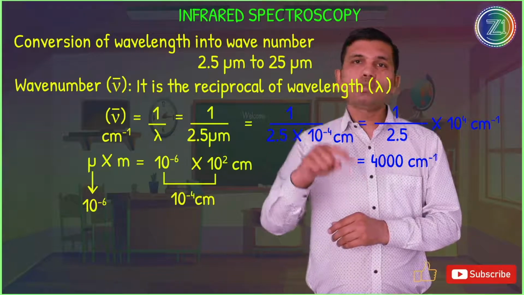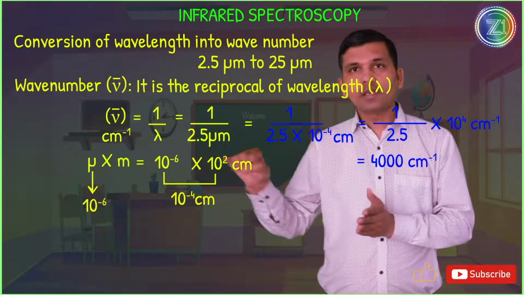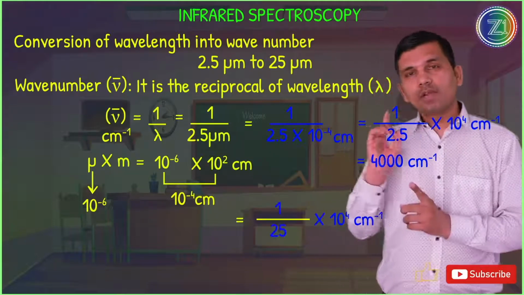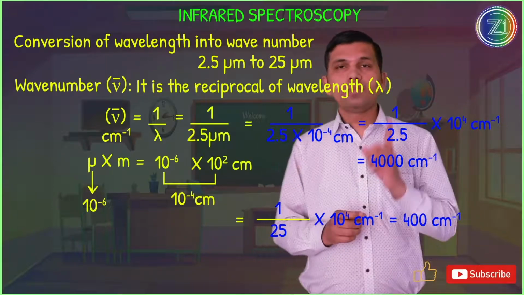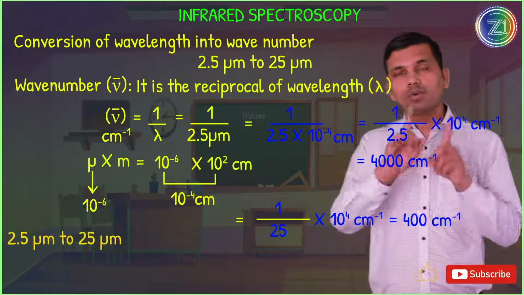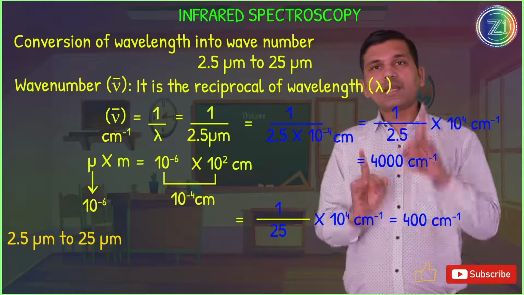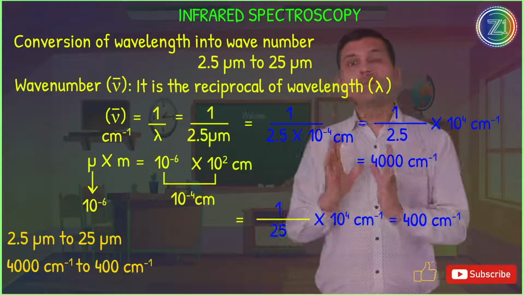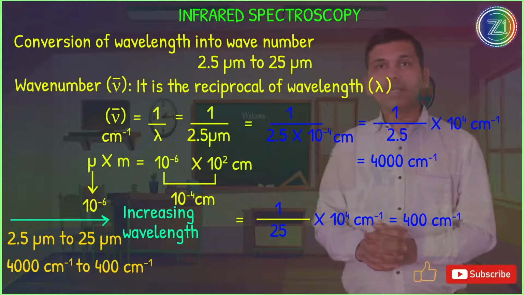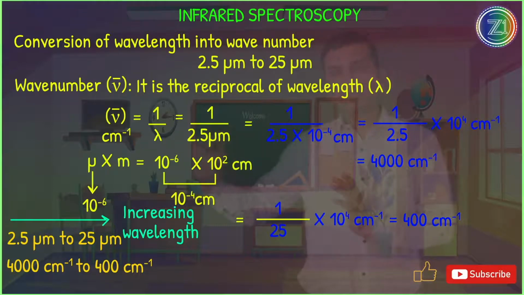And if I put 25 micrometer here, the value I receive is 400 centimeter inverse. So if I represent the region 2.5 micrometer to 25 micrometer, we can write it as 4000 centimeter inverse to 400 centimeter inverse. In terms of wavelengths, 4000 to 400 centimeter inverse is increasing wavelength.